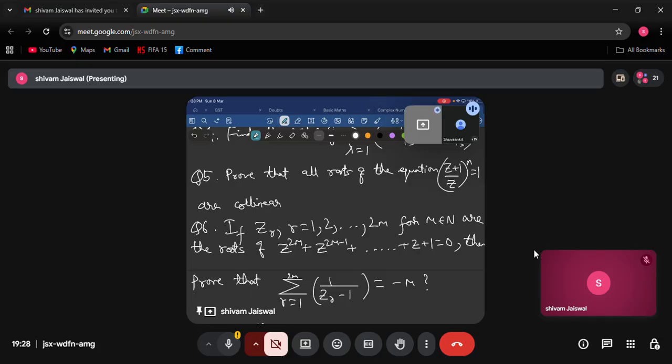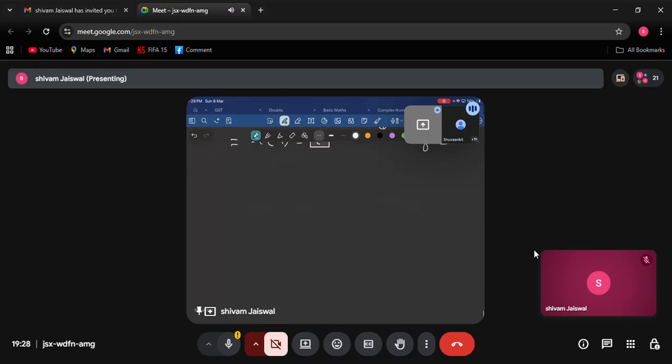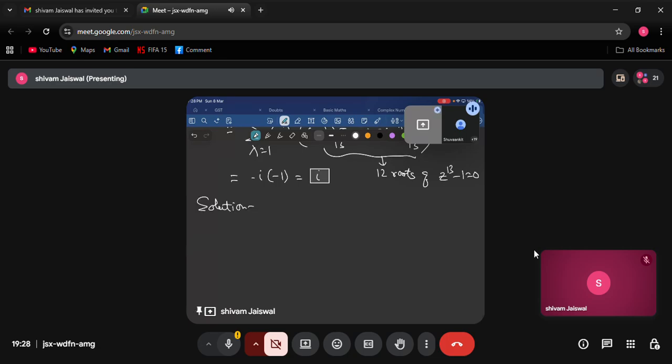Okay, next one is prove that all the roots of the equation (z plus 1 by z) whole to the power n equal to 1 are collinear. That means all the roots are lying on the same straight line. Okay, let us start. This is number 5.